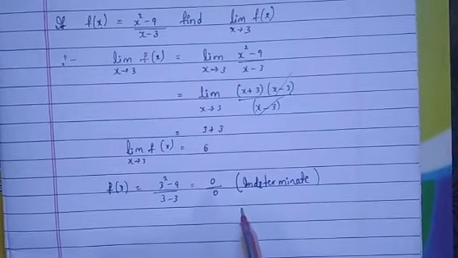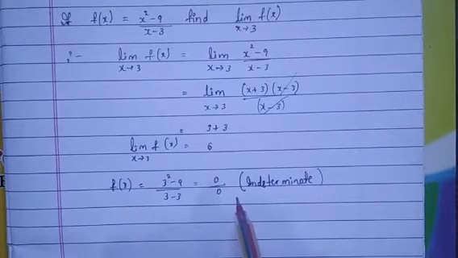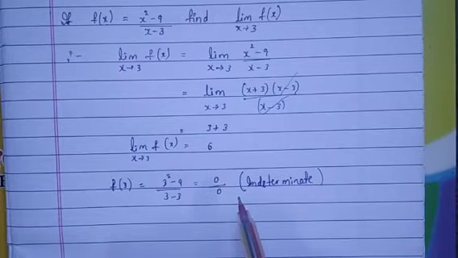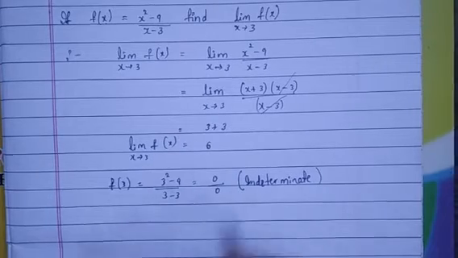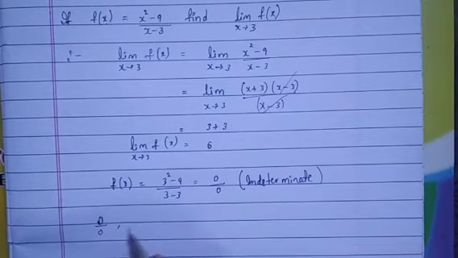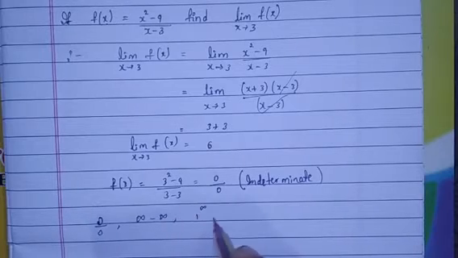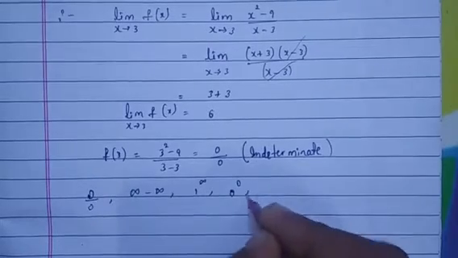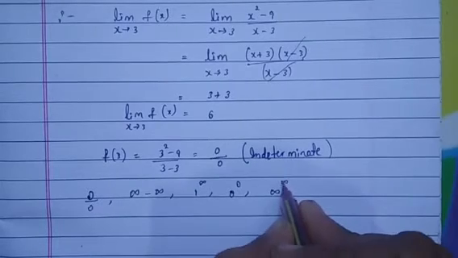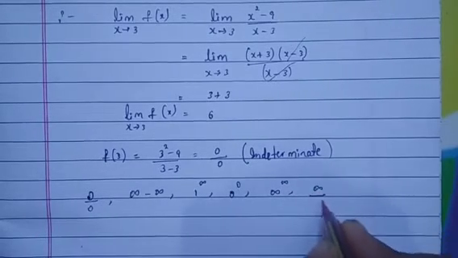So in this case further we come across the following indeterminate forms in evaluation of limits: 0 by 0 form, infinity minus infinity form, 1 power infinity, 0 power 0, infinity power infinity and infinity over infinity.